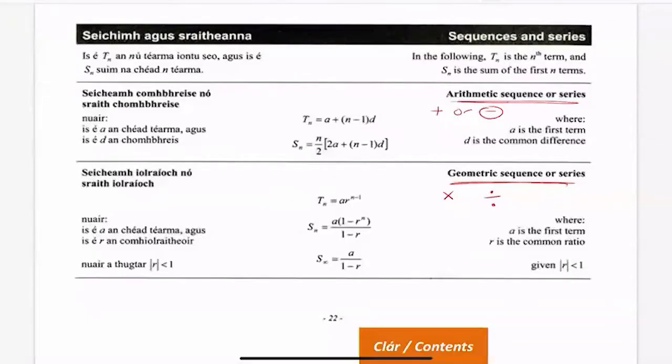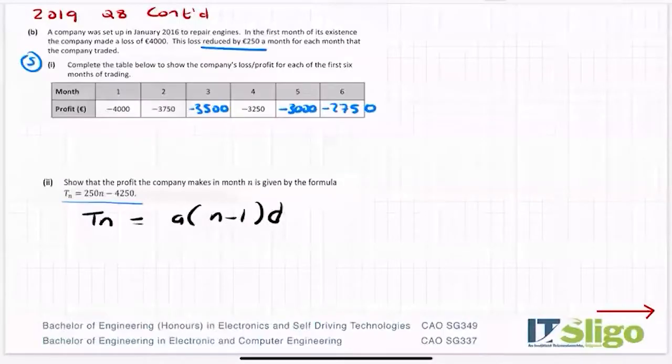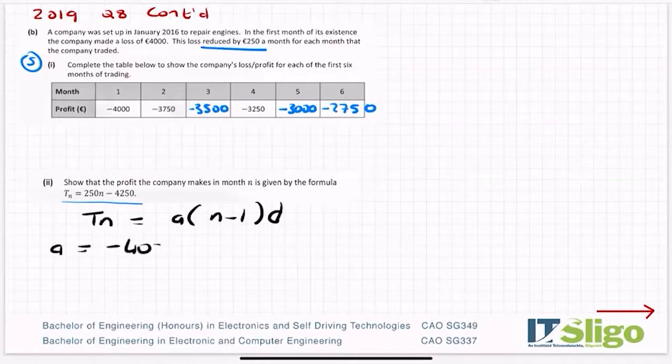Remember what A is? It's the first term. d is the common difference. So A for this formula is minus 4,000. d, the common difference, is what I'm going up by every month. You're adding on 250 every month. The loss is getting smaller.